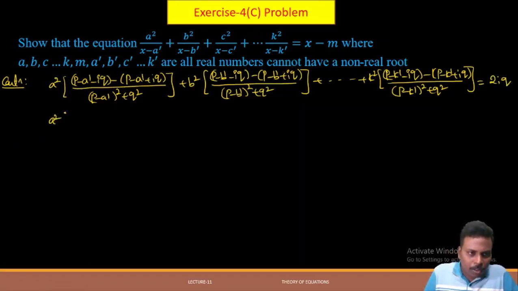Now if I simplify this term, in the denominator I will be having p minus a dash square plus q square.